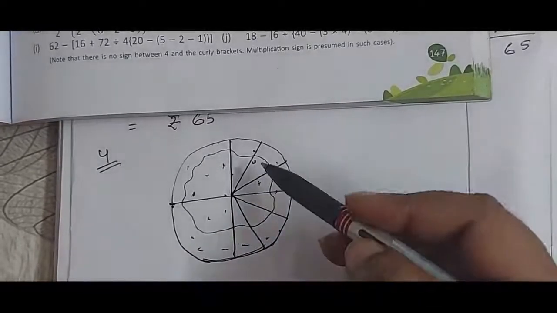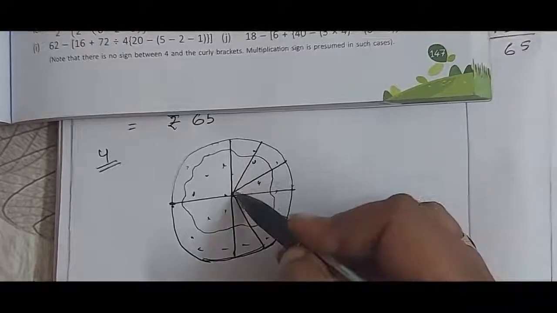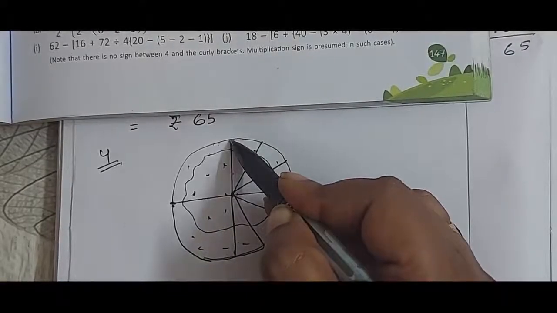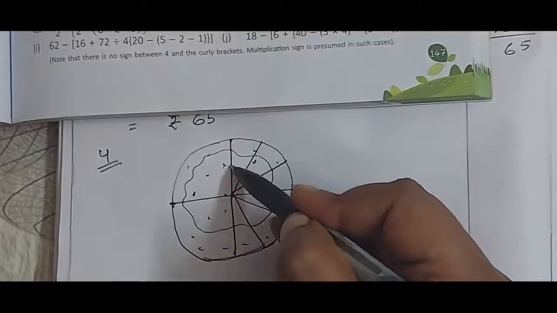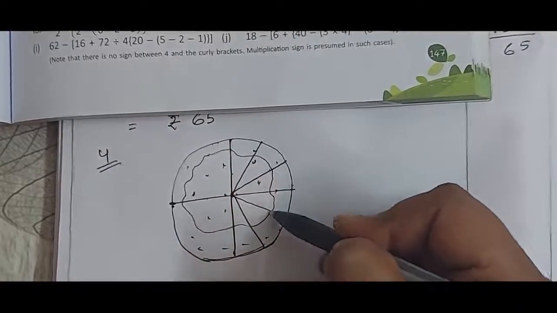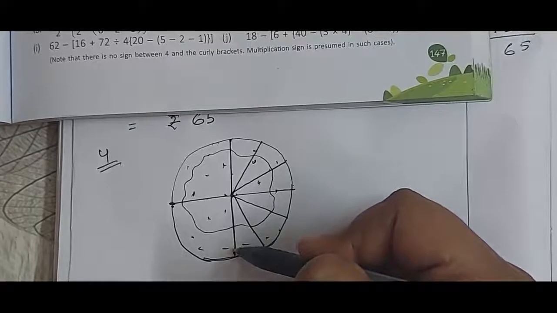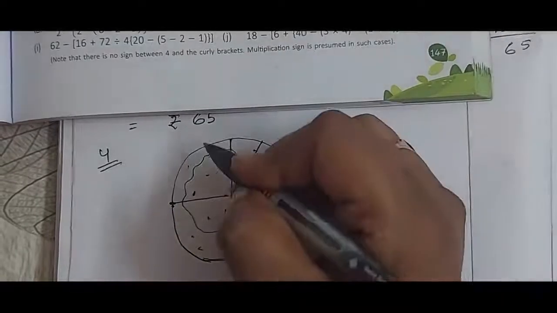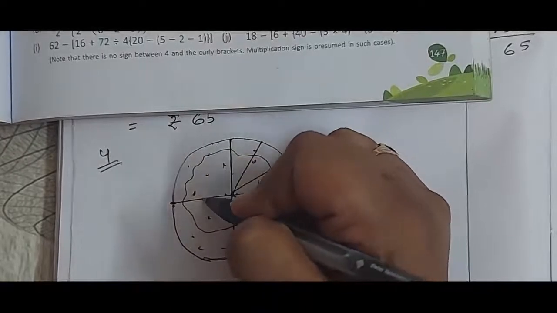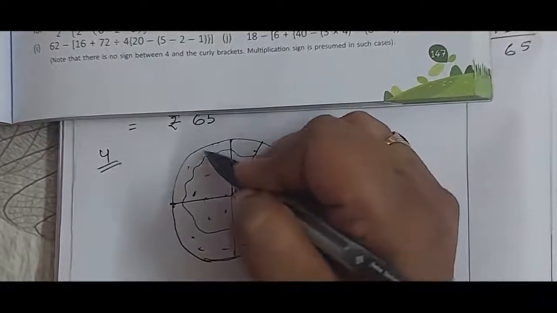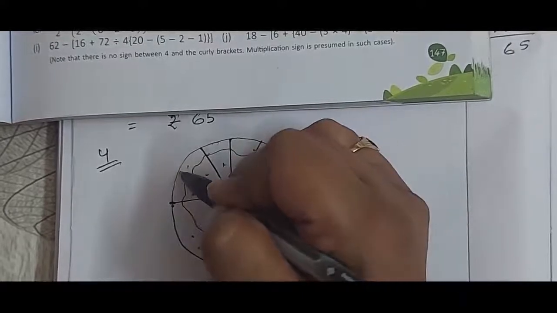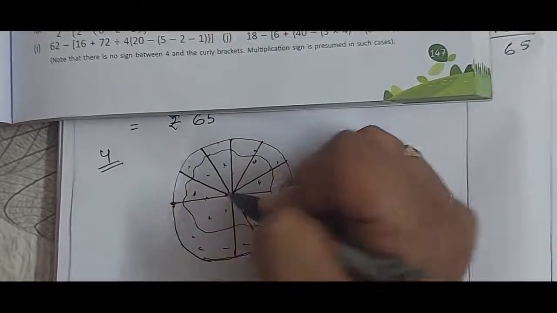Now you can count the number of spokes. Spoke means from the center of the pizza, the line which is drawn to the circumference. So 1, 2, 3, 4, 5, 6, 7 we have done already. Now this is the 8th one, this is 9 and this is your 10.